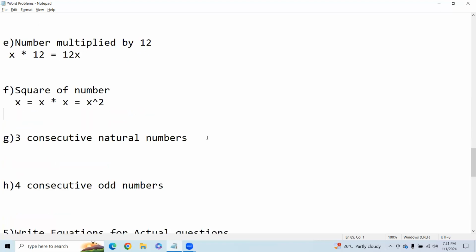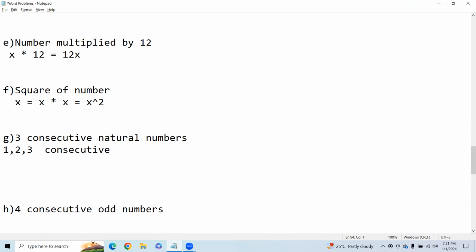Next, 3 consecutive natural numbers. When we say consecutive, that means immediate, like 1, 2, 3. After 1, what is the next natural number? 2. After 2, what is the next natural number? 3. So this we say as consecutive. Let's assume that the value of X is 1. Instead of 1, let's put X. How will we get the next natural number?